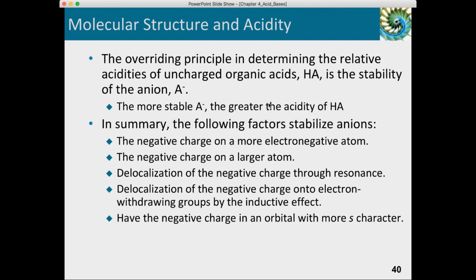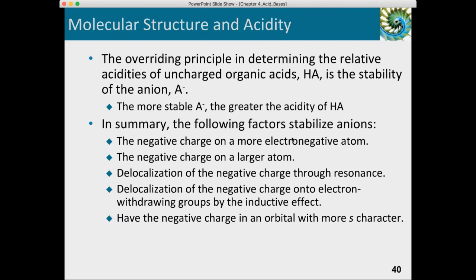If you're going to determine stability based on molecular structure, there are 5 factors that you should be thinking about. First factor, when the negative charge is on atoms within the same period, electronegativity is the determining factor.